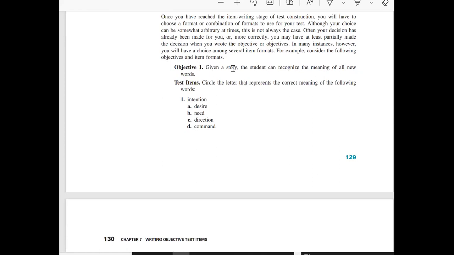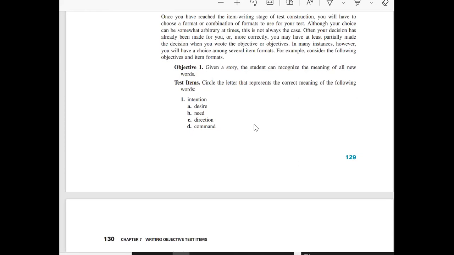For instance, in this one, given a story, the student can recognize the meaning of all new words. And here is the test item to match. And it shows you not only an idea of what a test item could look like in a case like this, but also how the test item should be formatted.